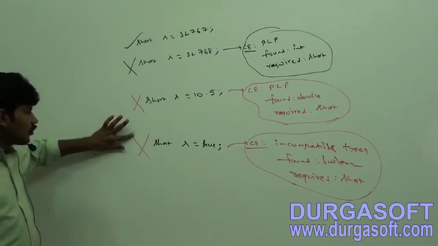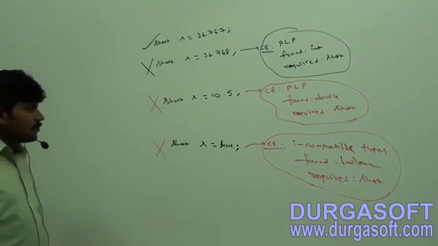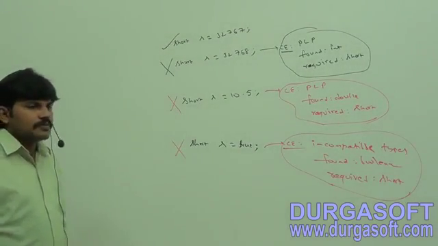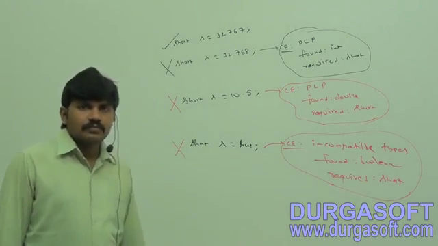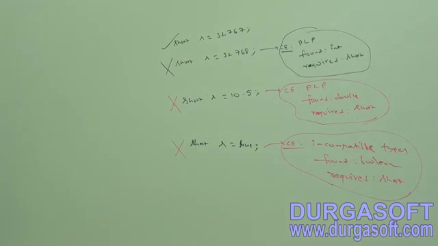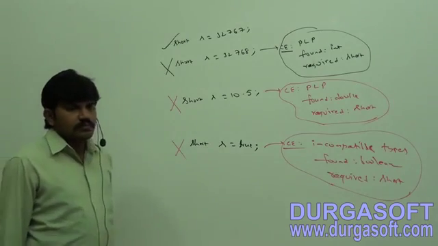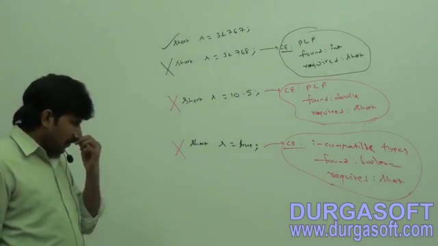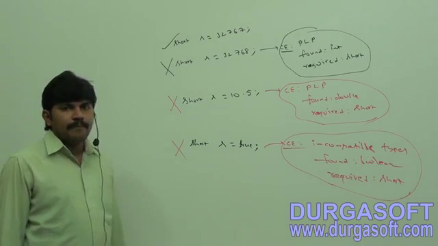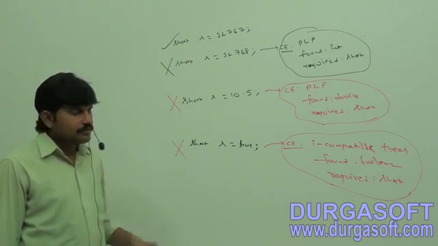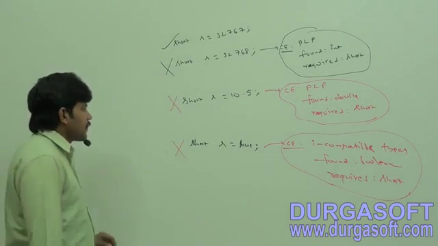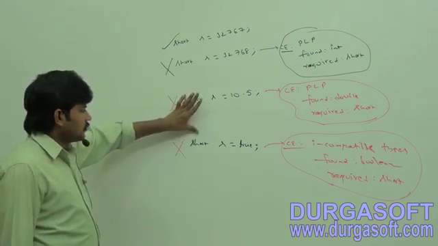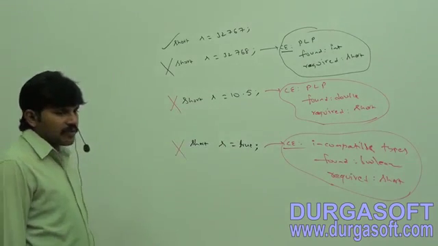Next, short s is equal to true: incompatible types, found boolean, required short.